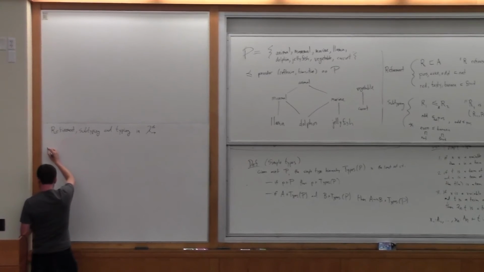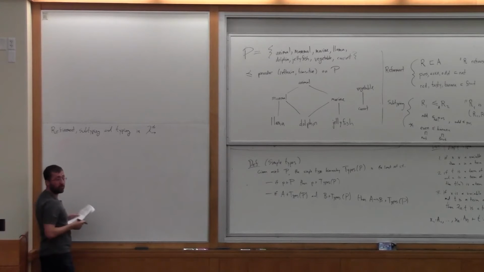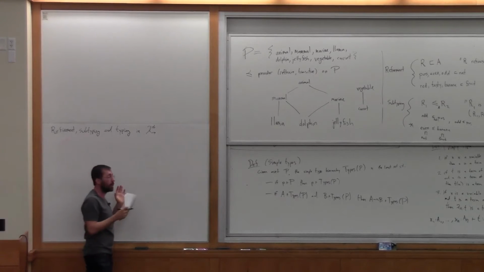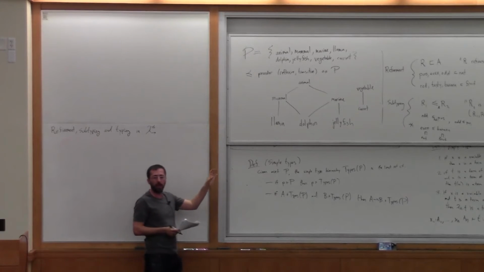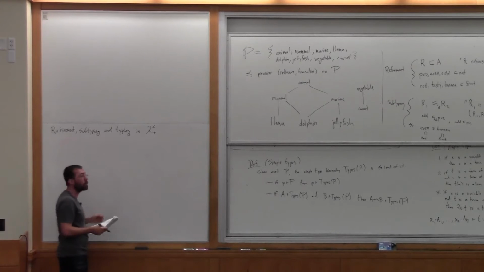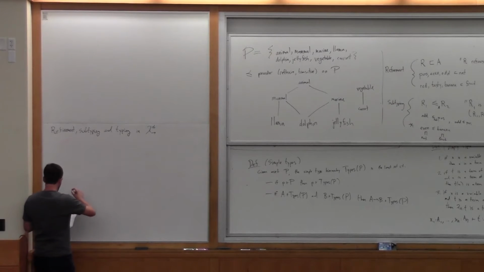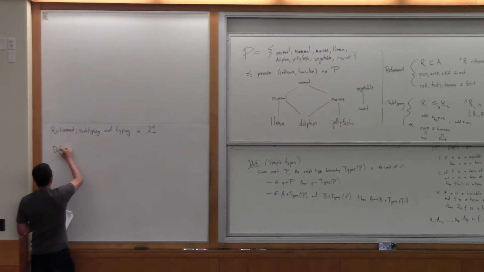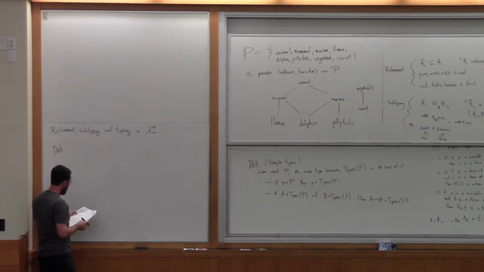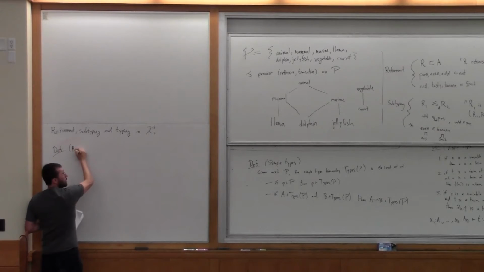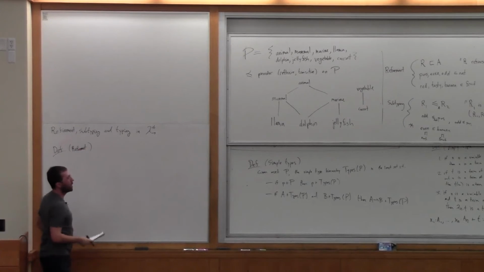Before defining the typing relation, I'm going to define these two relationships, refinement and then subtyping. So first I'm going to define refinement. Definition: refinement. Let me try to write larger.